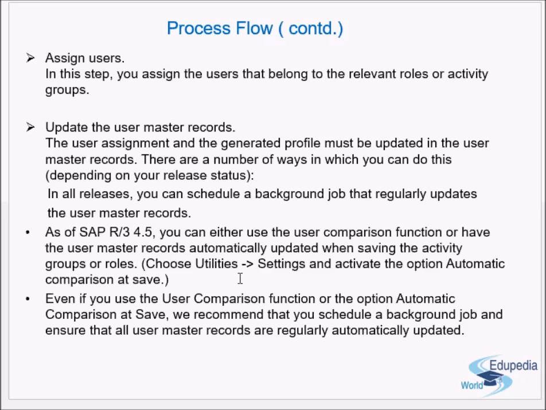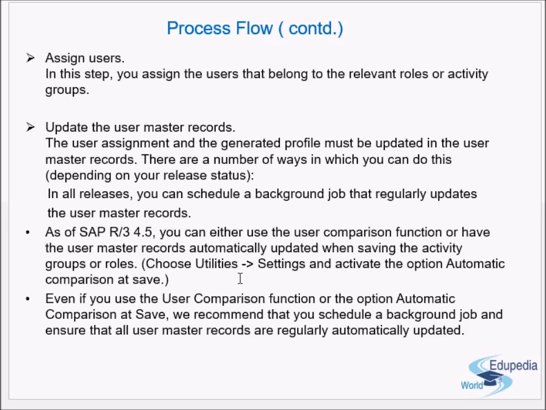Whatever adjustments you have made in the authorizations can be applied in two ways: using the user comparison option, or enabling automatic comparison while saving. Or the best thing is to schedule a background job to run periodically to update the user master records.